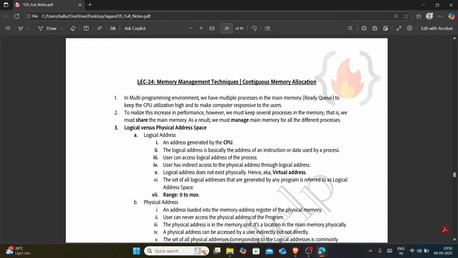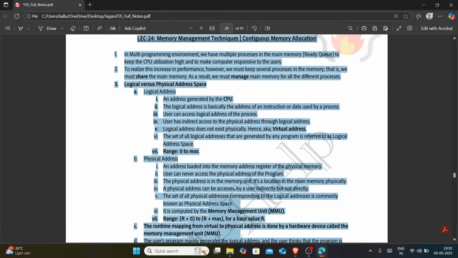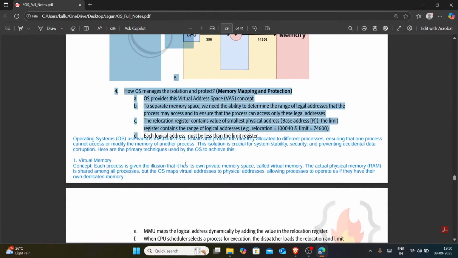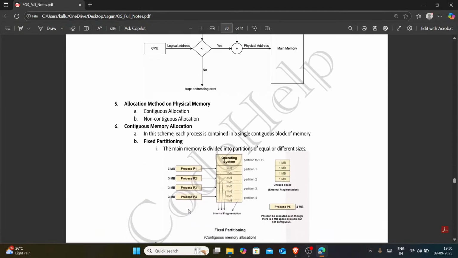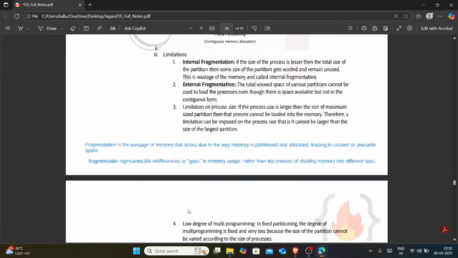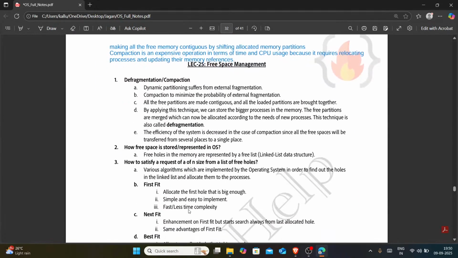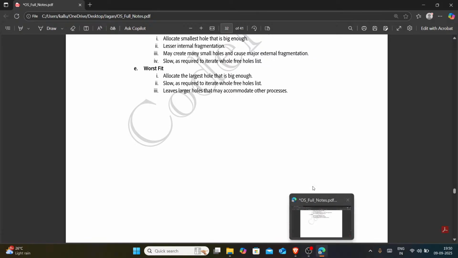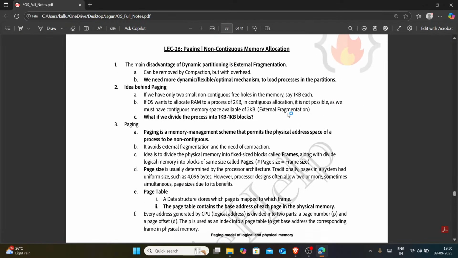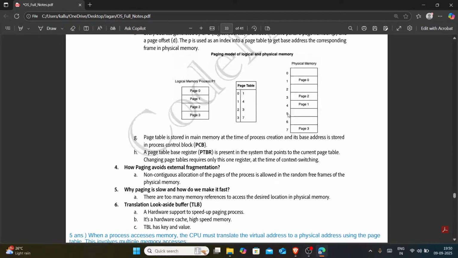I read this a lot way back, so it will be easy for me to understand, but this is 5 hours. I will finish this by tomorrow morning.